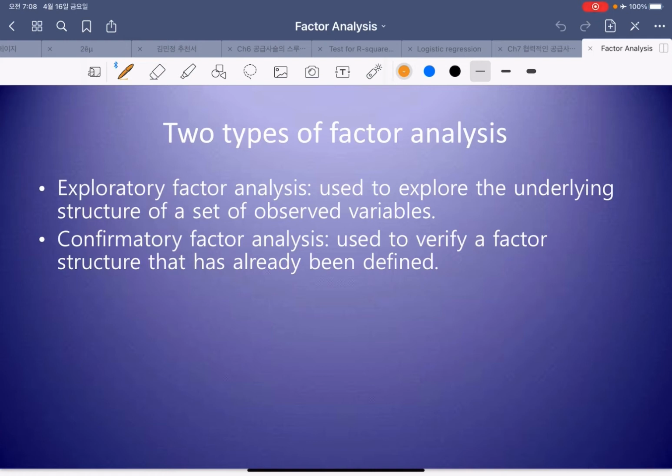That means in this case, we know the exact structure of the data, and we want to verify that. In that case, we use confirmatory factor analysis. We use the software SPSS for exploratory factor analysis. On the other hand, we need to use AMOS for confirmatory factor analysis, right?